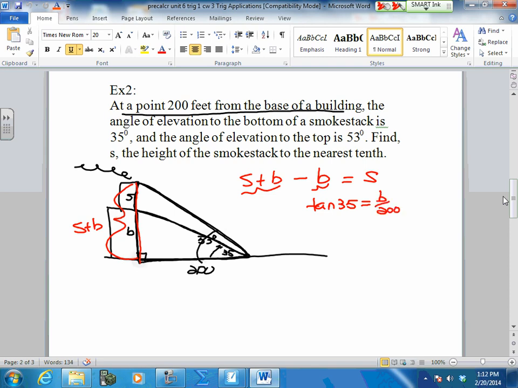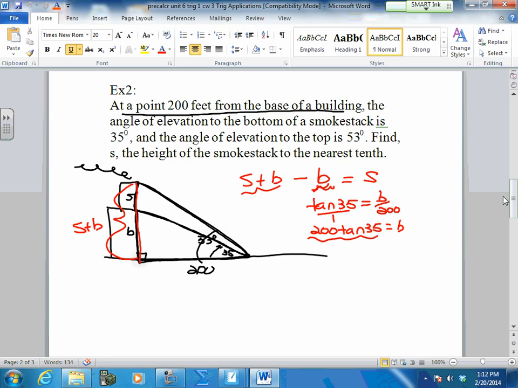How do I solve for B? I'm in this little triangle down here, right? So I cross multiply. I get 200 tangent of 35 equals B. This part goes in right there, doesn't it?